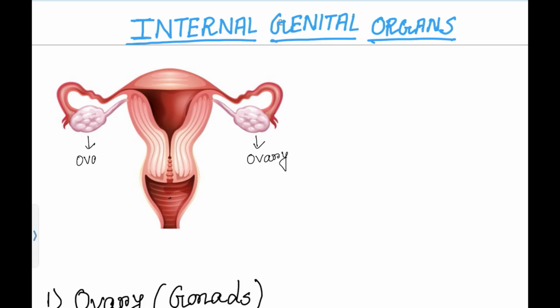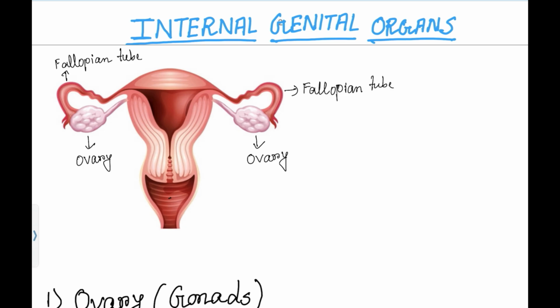These 2 are called ovaries, situated in the pelvic cavity, coming under the internal genital organs. This is the fallopian tube. The fallopian tube is also 2 in number. Here is one fallopian tube and here is another, situated in the pelvic cavity, coming under your internal genital organs. Then your uterus.